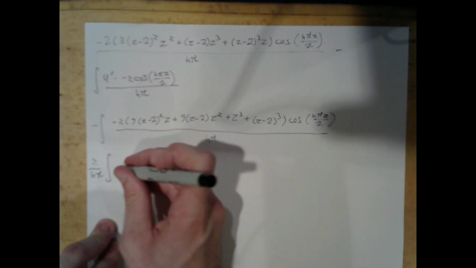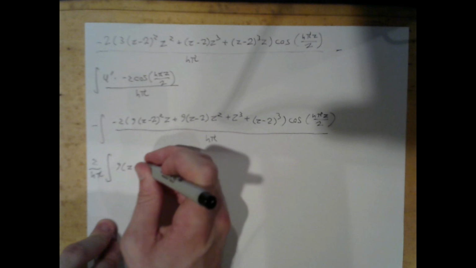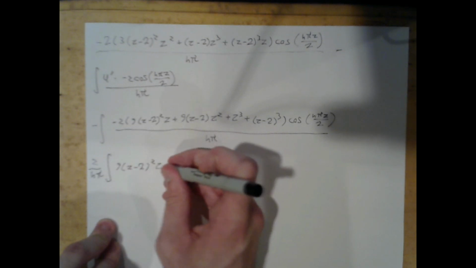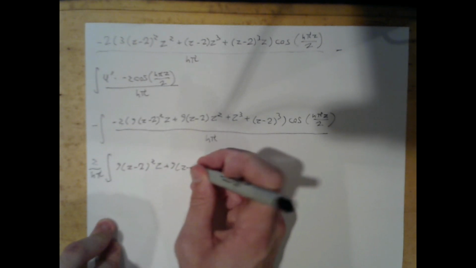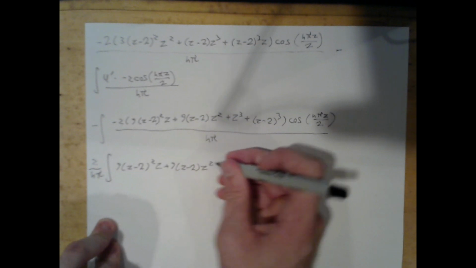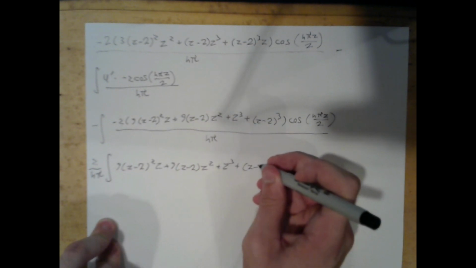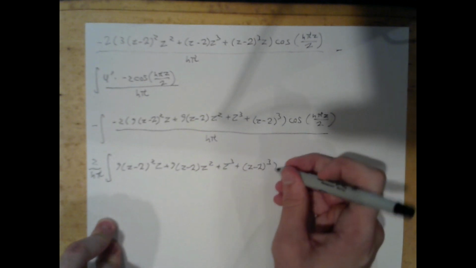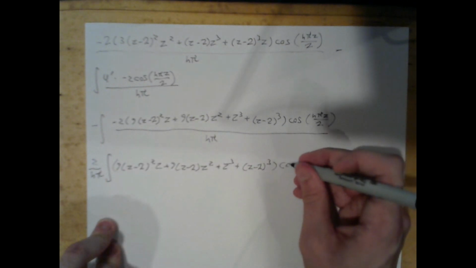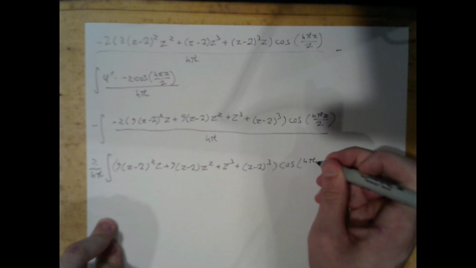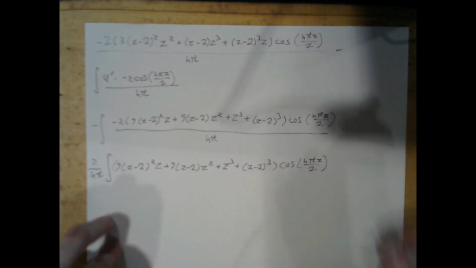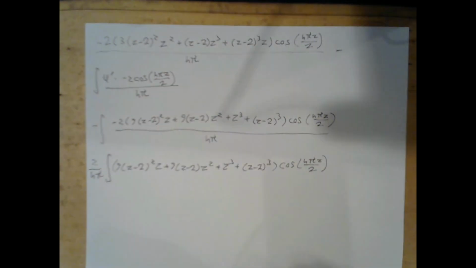The integral here, 9 (z minus 2) squared z plus 9 (z minus 2) z squared plus z cubed plus (z minus 2) cubed, all times cosh(pi z over 2). Okay, let's move on to a new sheet of paper now.